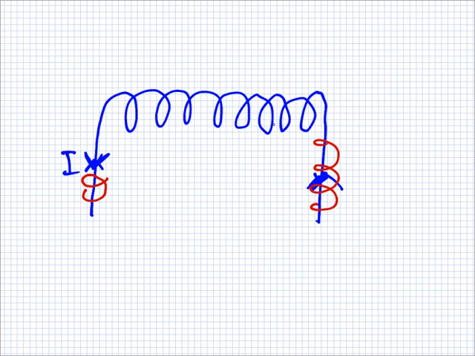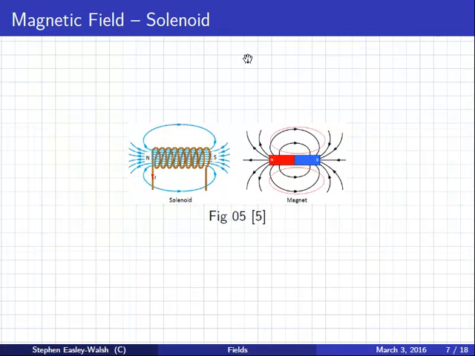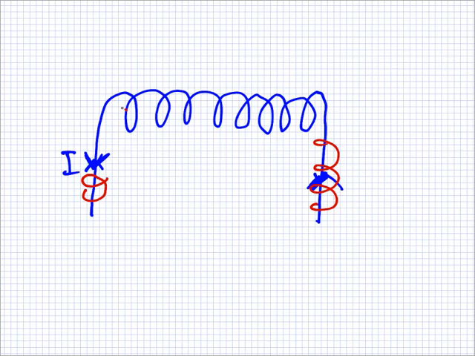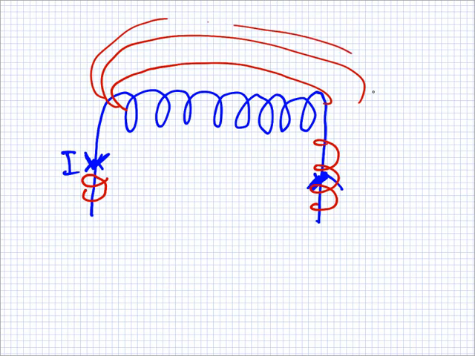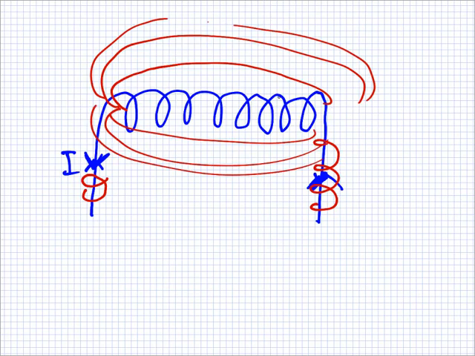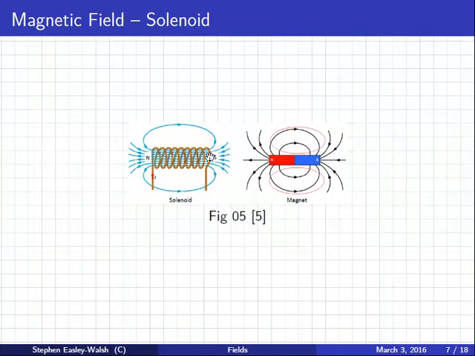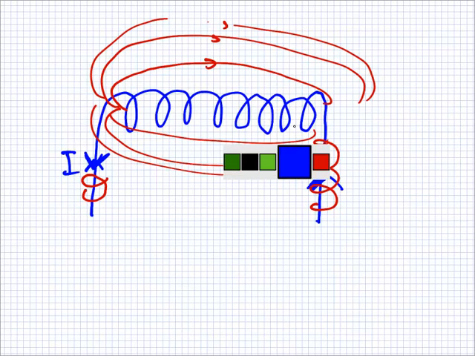But when it gets here, the loops, it causes the magnetic field to loop in total like this. In other words, you can see it better in my picture. When you have a loop like this, it's like you have a north-south magnet like this. It's like you have the same thing as this.